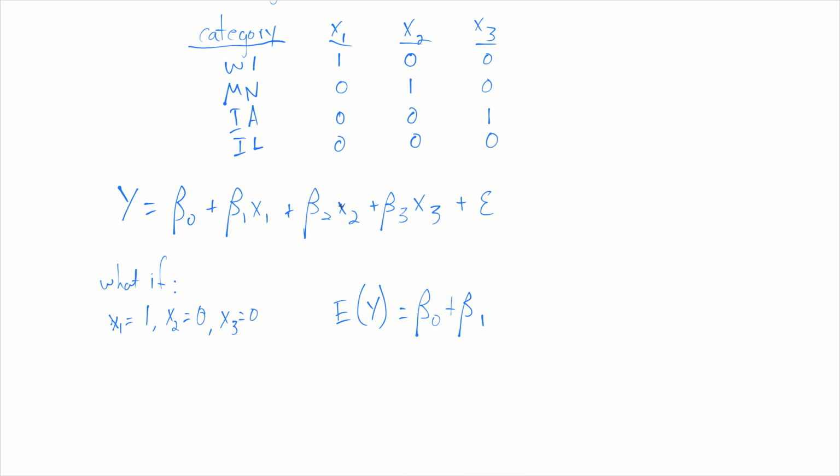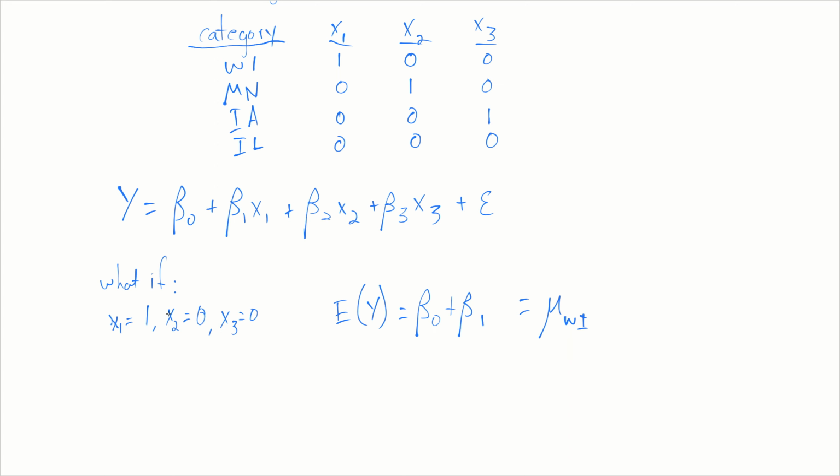And then x2 is 0 and x3 is 0, so these terms go away. Because we're looking at the expectation of y, the expectation of epsilon is 0, so it's just this here. So the expectation of y, when x1 is 1, x2 is 0, x3 is 0, is equal to the mean for Wisconsin, because all the Wisconsin states have this for their indicator variables.